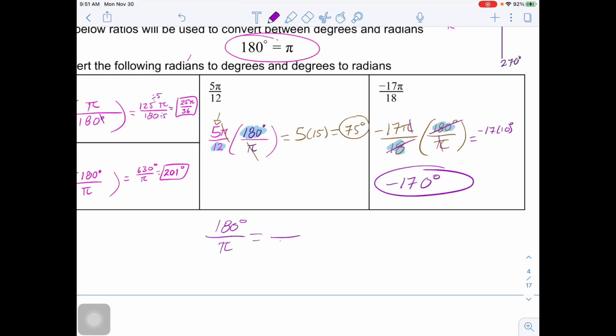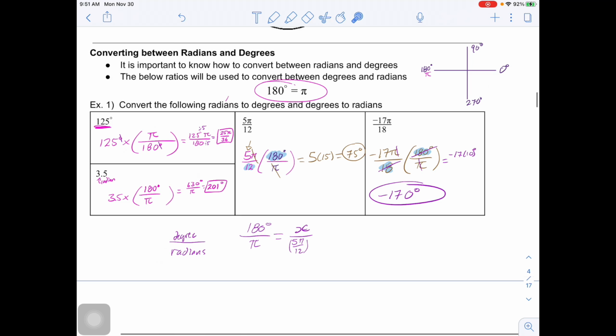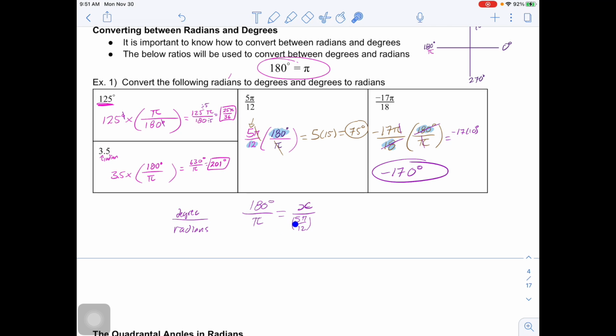So you would put 5 pi over 12 on the bottom because radians is on the bottom. In this case, degrees is on the top. And you can solve for x here. If you like converting things using this method, you're welcome to. Recognize you're going to get the exact same thing because you multiply this by this, which is essentially what we've done up here.